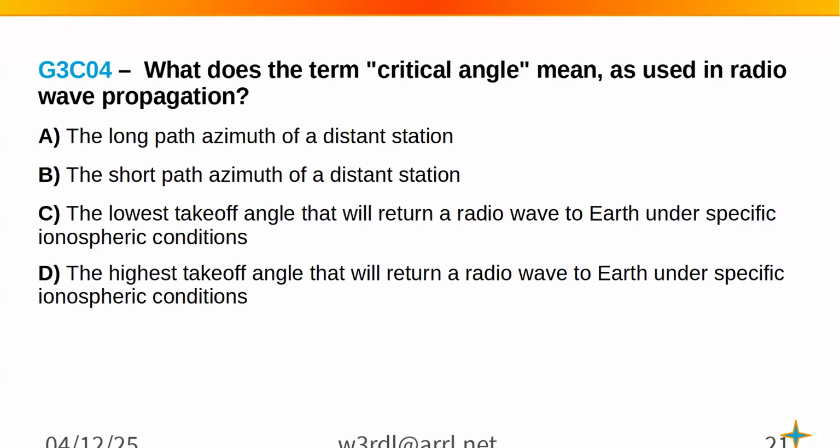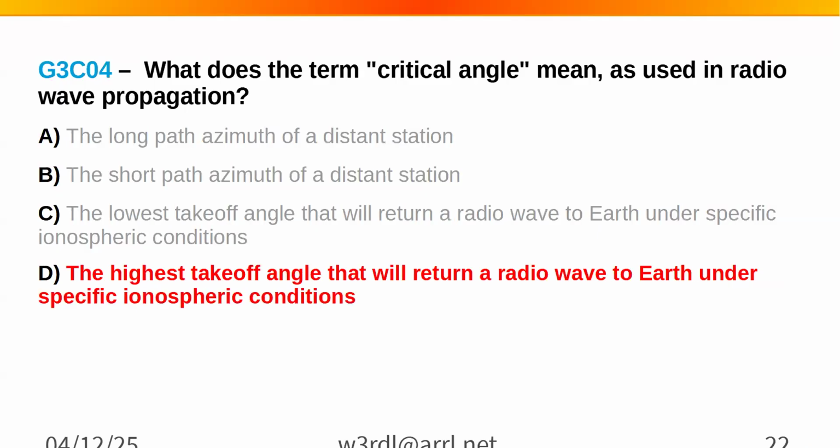Because it's not going to work if the LUF is greater than the MUF. Someone said C. It's the highest. If you turn it horizontally, that's fine, but as you go higher and higher, eventually you're going to hit the point where it just goes through instead of refracting. It's with respect to the horizon, not with respect to vertical.